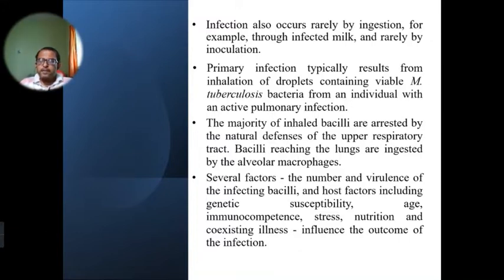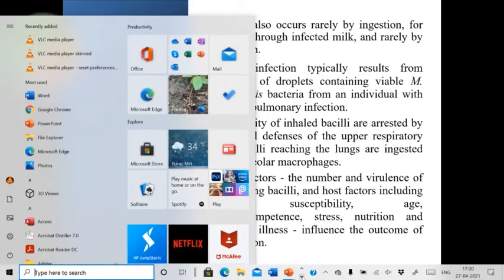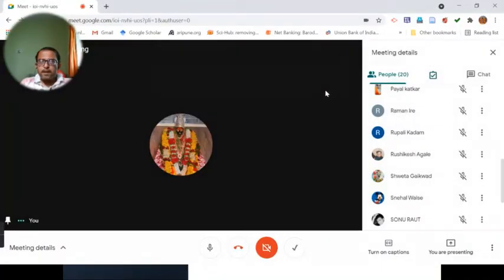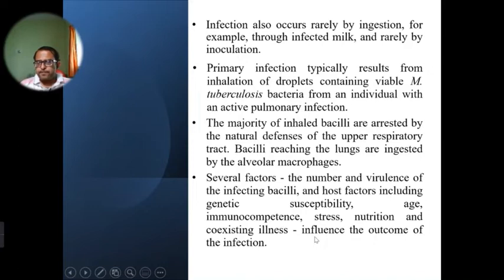These factors are the number and the virulence of the infecting bacteria. Host factors include genetic susceptibility, age, immunocompetence, stress, nutrition, and coexistence of illness, and all these factors help in the initiation of illness in a healthy person.